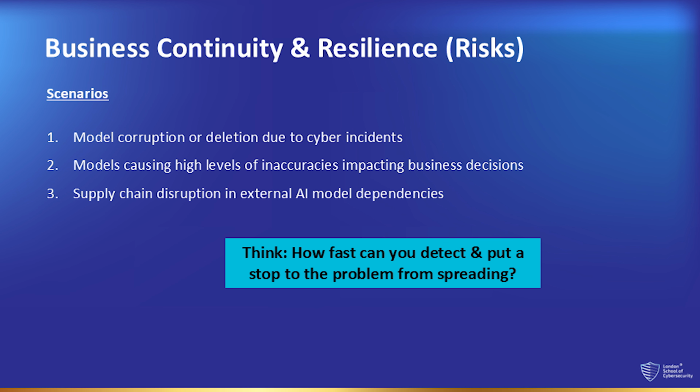Okay, so the last control domain is business continuity and resilience. Now here I want you to think about certain scenarios. The first is, what happens if the model is corrupted or deleted, right? So right now in the non-AI world, ransomware is the top attack, top risk, right?